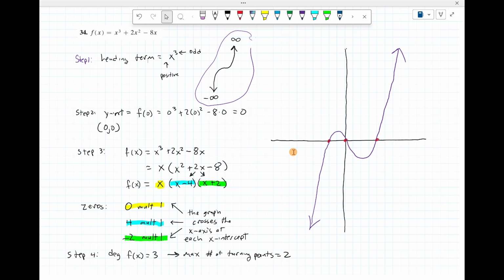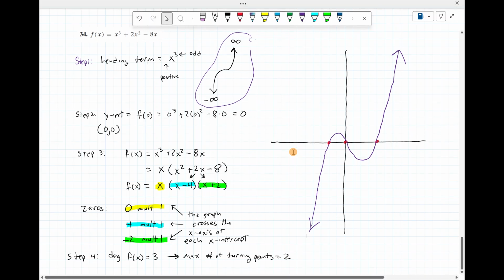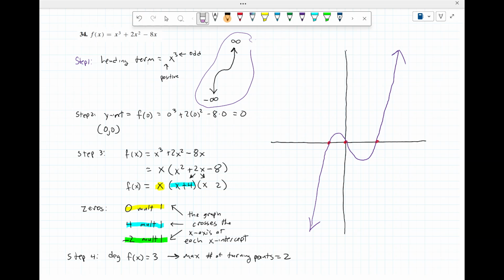So this is why we check our work. Right here, I did my factoring wrong. This should have been positive 4 and negative 2. Because what I had before, I had negative 4 and positive 2. Those multiply to get negative 8, but when I add them, they actually add to get negative 2. So that was incorrect. I had the signs wrong.